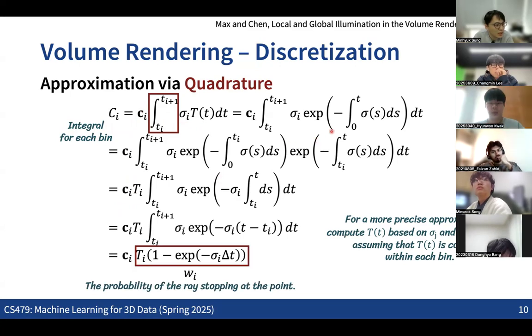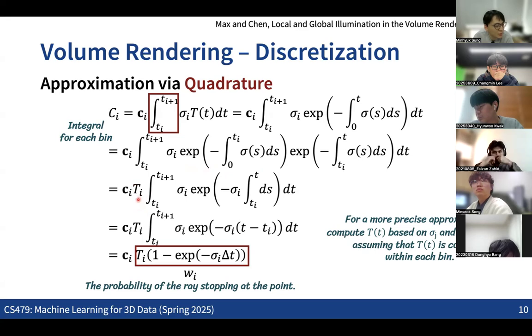But when we calculate this transparency term here, we divide it into two integrals. One is the integral until the beginning of that bin. For the integral until the beginning of this bin, we introduce the notion of capital Ti, so we can replace this part with Ti.